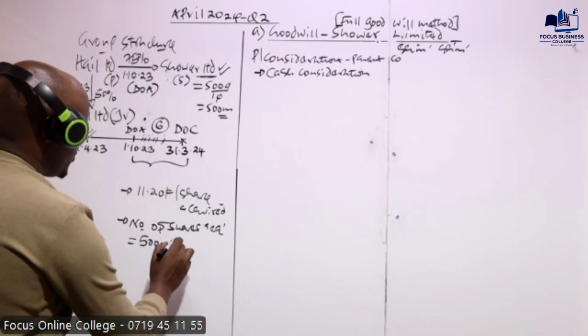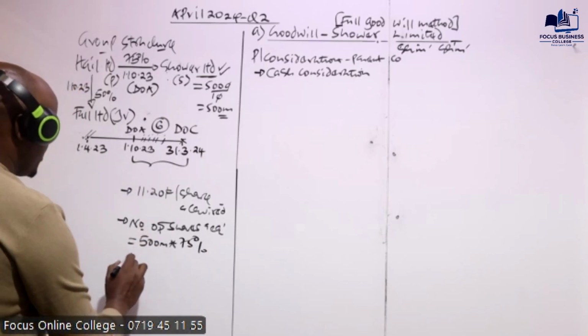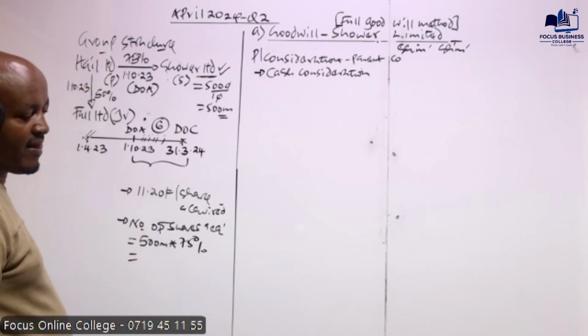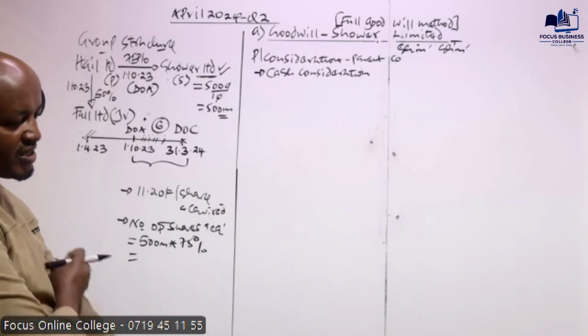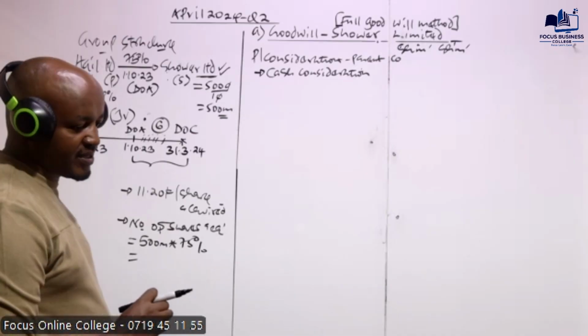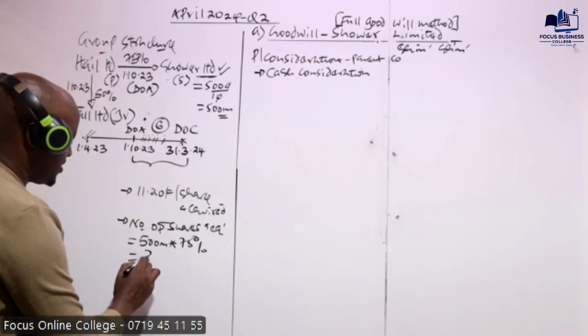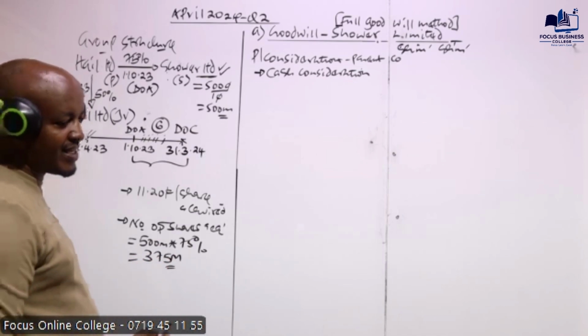Yes, automatically we should get 75% of that. 75% of 500 will give us 375. 375 million. So these are the shares which were acquired.